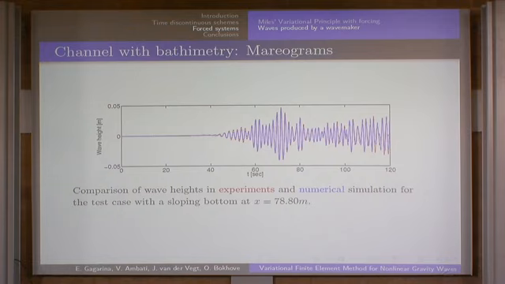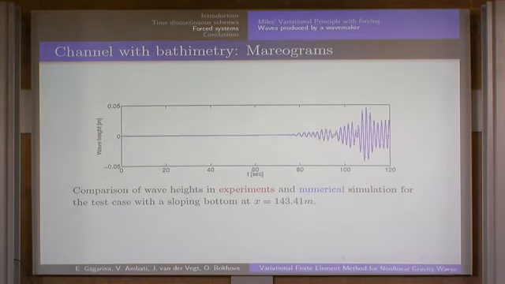Comparing the wave probe data, you see here the red one is the laboratory experiment, and the blue one is our numerical experiment. In one of the wave probes, which is somewhere in the first quarter, you see quite a good comparison over time. So it is the time x and it is wave height. It is the middle of the domain, and we see that the comparison goes pretty well.